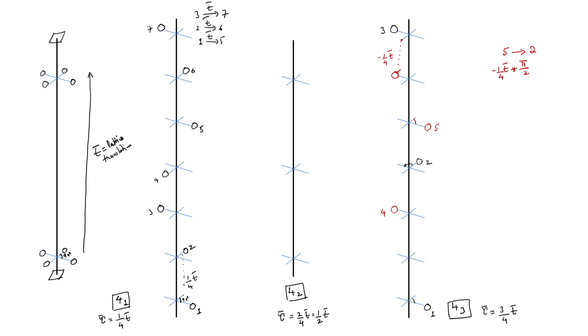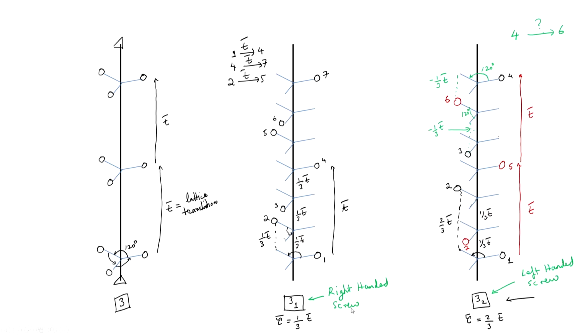Let me call this motif number 6, and then apply a lattice translation to motif number 6. So, 1, 2, 3 and 4, I come at this position, and now this completes the pattern for the 4 sub 3 screw axis.